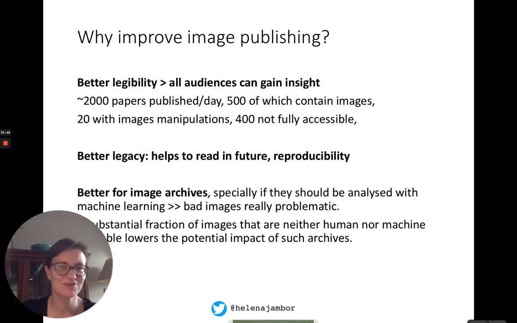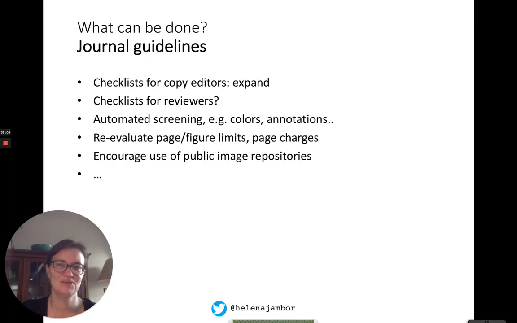So we think there are very many good arguments for improving image quality. And we didn't want to stop there, but obviously we are thinking of how to do that. What can be done to improve the images that are published today? So obviously we can always start with journal guidelines, and we can lobby among scientific publishers that they expand the checklists for copy editors.